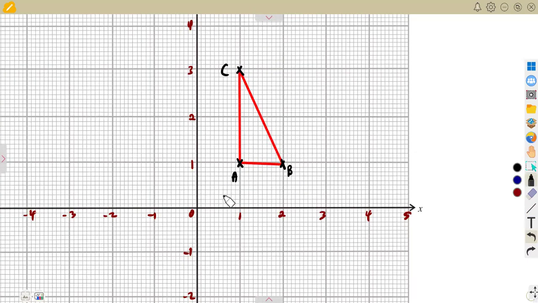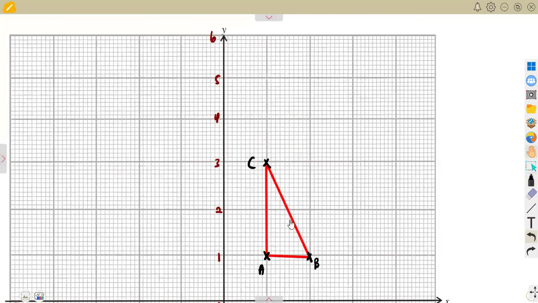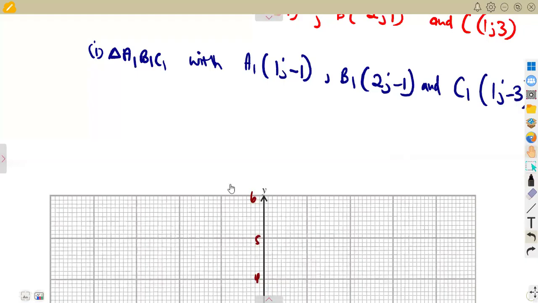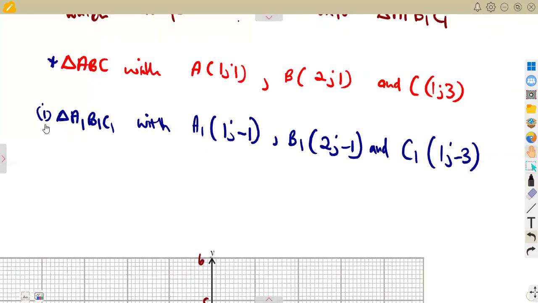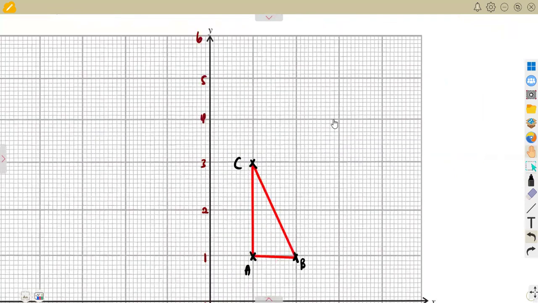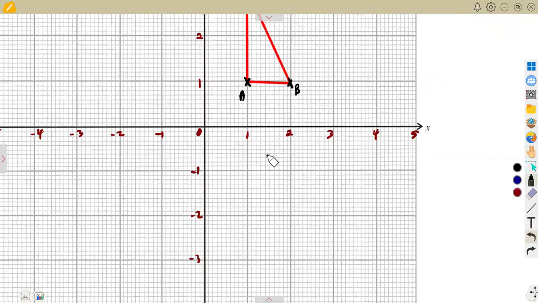So the question is, we are supposed to describe the transformation that will map this triangle ABC to the image A1, B1, C1. These are the coordinates (1, -1) and so on. All right, so let us check our coordinates. A1, that is (1, -1), that is our A1.